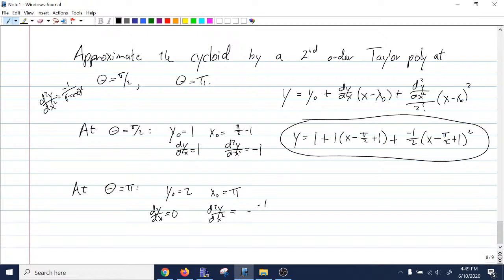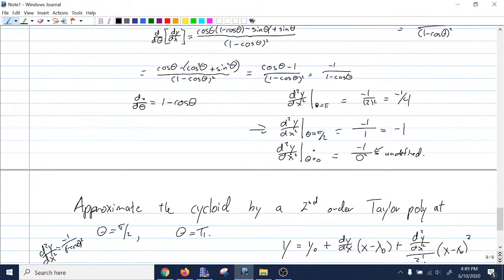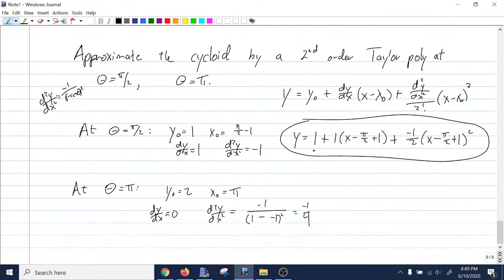So this is negative 1 over 1 minus cosine pi, which is negative 1 over 2 squared, which is negative 1/4. Did we already work that out? Yeah, we worked that out on the last page. I remember that now. Okay, so this is negative 1/4.